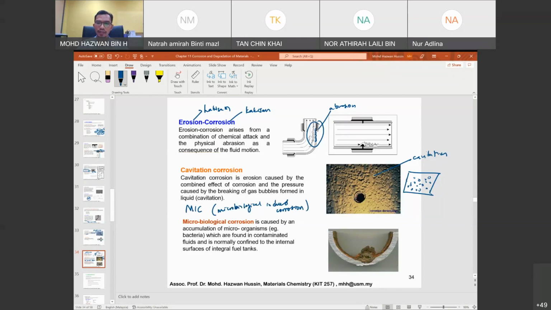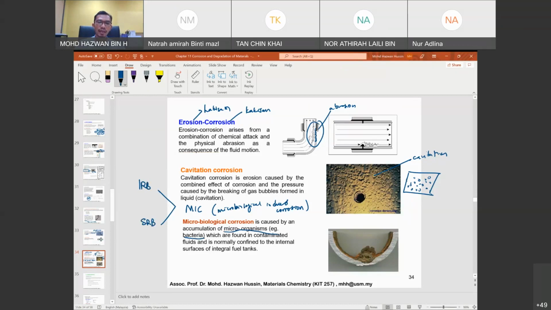This is not the name of a party. This is microbiological induced corrosion. In this case, the corrosion process is triggered by the presence of microorganisms such as bacteria. So don't think that bacteria cannot eat metals. It can.